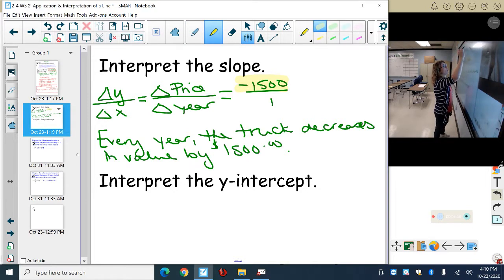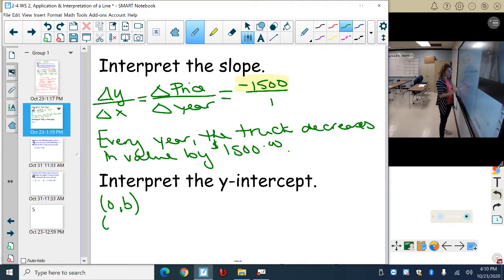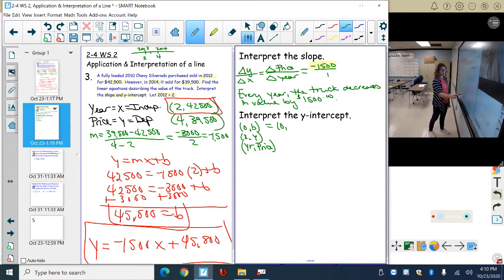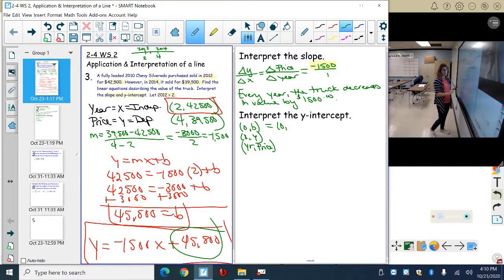The y-intercept is going to be 0, b, which is x, y, which, what does x correspond to? The year, and then the price. This is going to be 0, and then the price that it's worth is the 45,500.